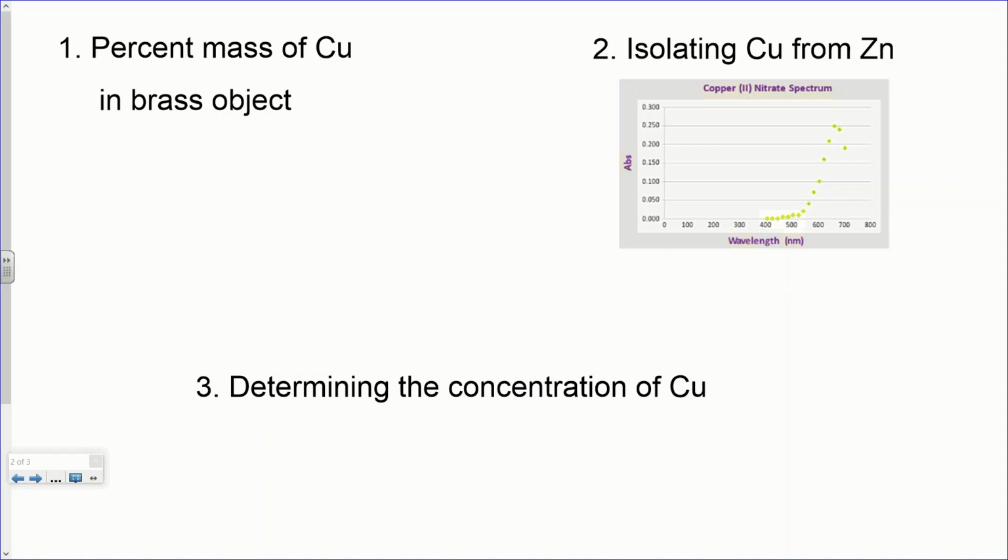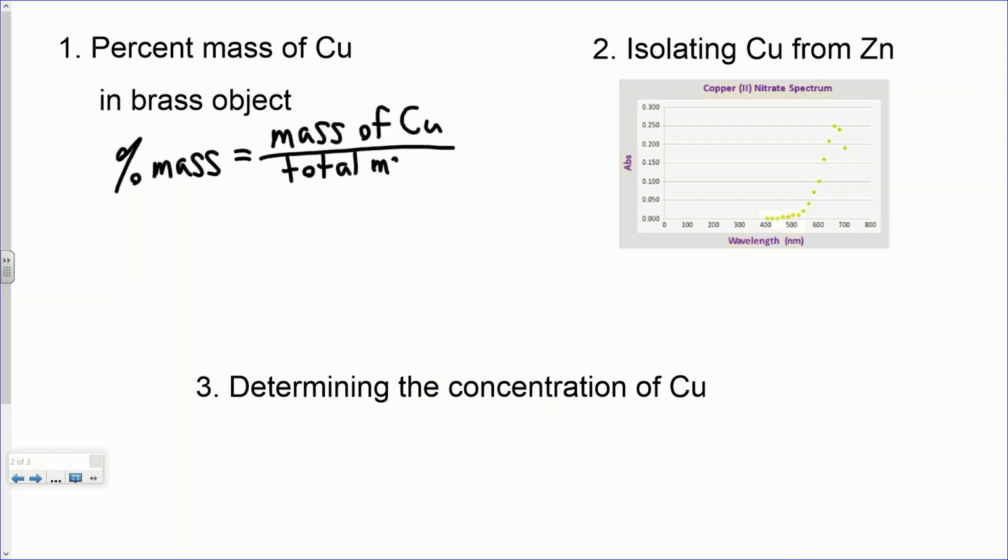Fundamentally, you're going to express this as a percent mass. So remember, percent mass is just equal to the mass of copper divided by the total mass of the object times 100%.